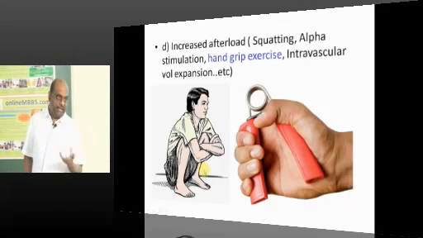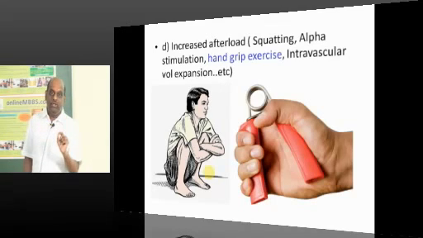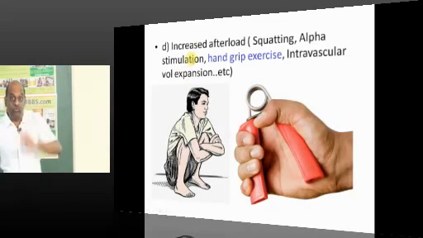Beta 1 leads to tachycardia. Beta 2 leads to bronchodilation. Alpha 2 is a presynaptic receptor, right? So stimulation will decrease the sympathetic outflow. Hence we use alpha 2 agonists as centrally acting antihypertensives.